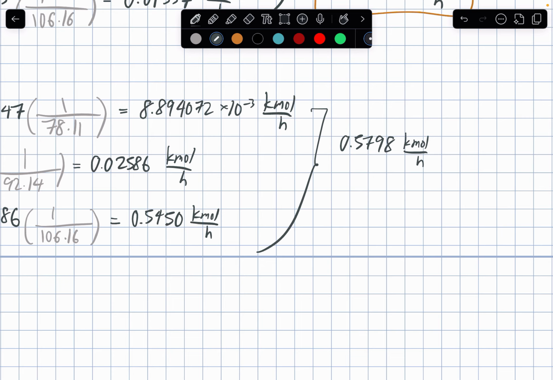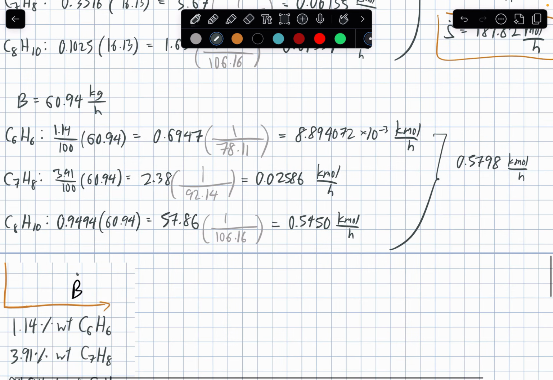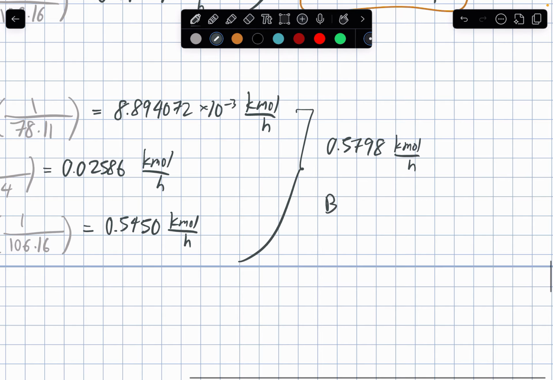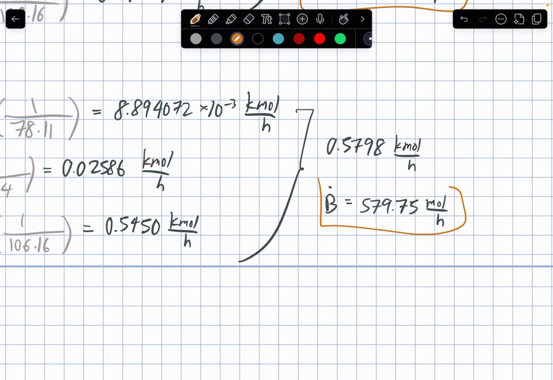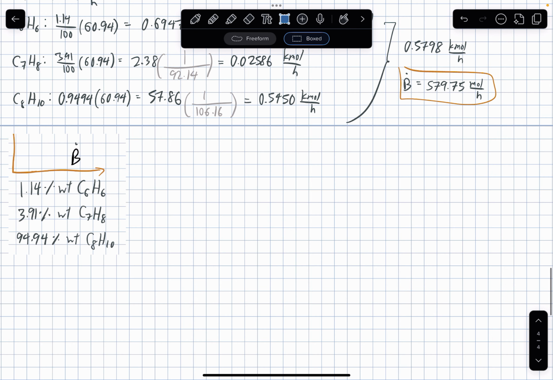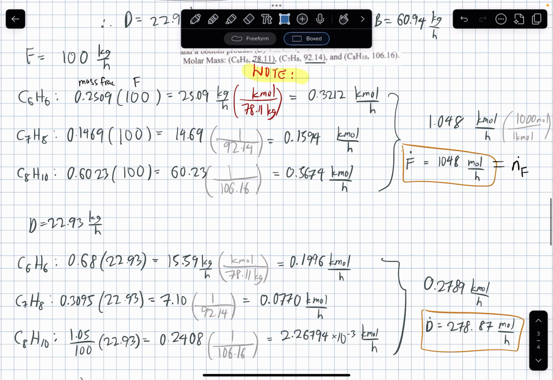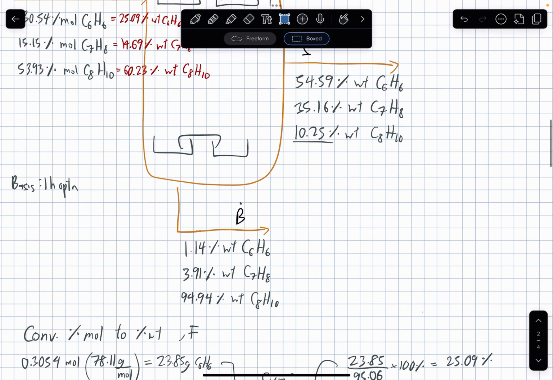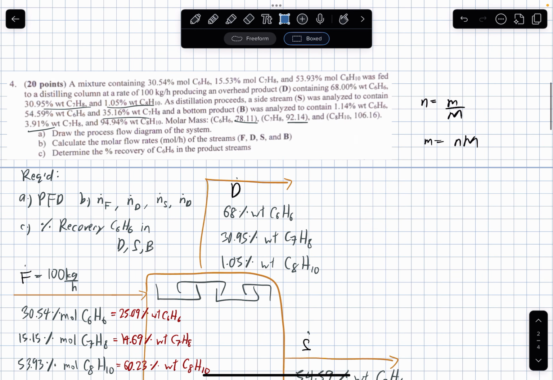Convert to mole per hour. What is this? Bottoms. Okay, we were able to find the values for letter B, the molar flow rates.